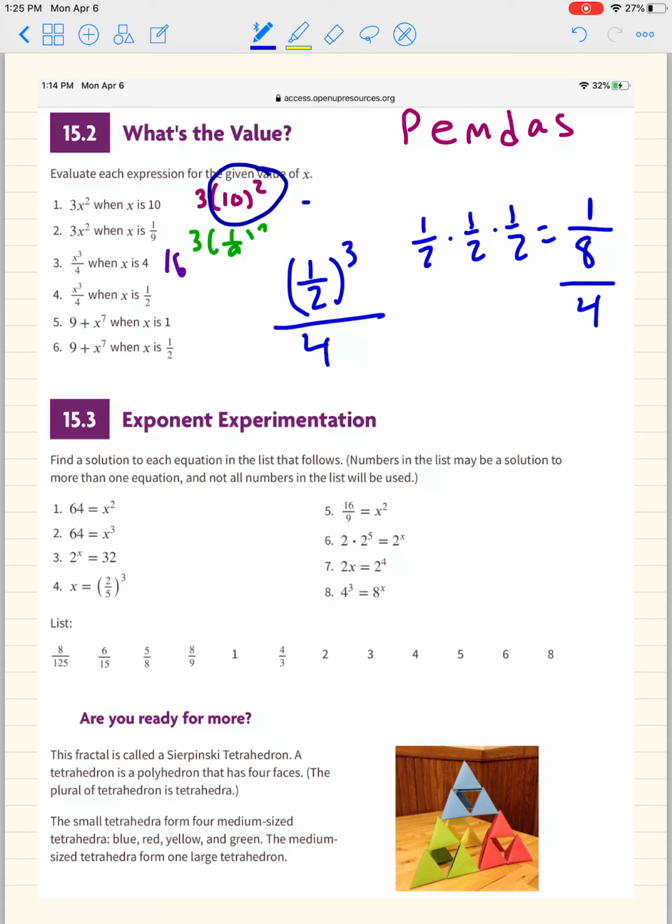So 1/8 over 4 is 1/8 divided by 4, which is the same thing as 1/8 times 1/4. And so you're going to end up with 1/32 as your answer. The reason this is the same as this is because, remember, when you're dividing with fractions, you have to flip and you have to multiply.